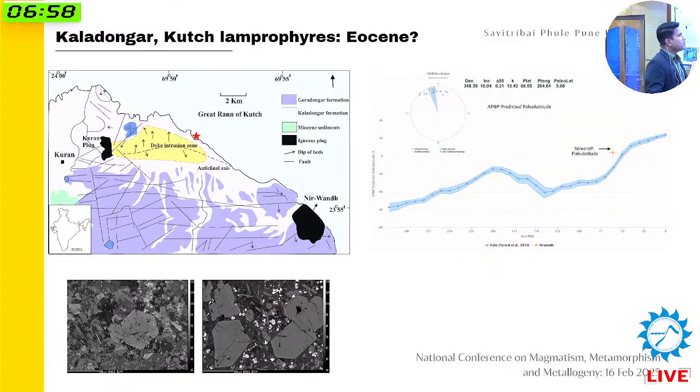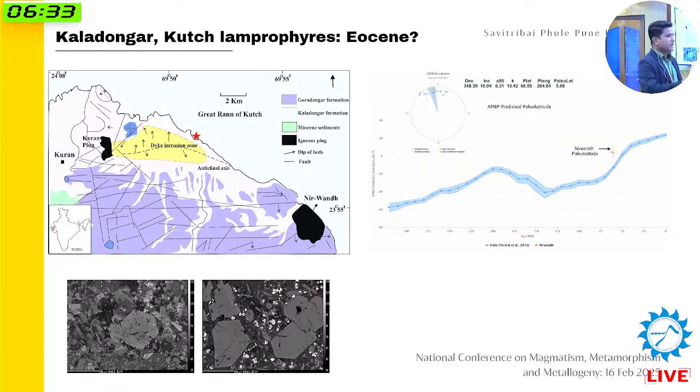We did some paleomagnetic studies on this. These are our paleomagnetic results from 6 dikes, and they show a normal polarity. They also show very low inclination values, and the paleolatitude plots somewhere around 5 degrees north of the equator, while the Deccan paleolatitude is around 20 to 25 degrees south of the equator.